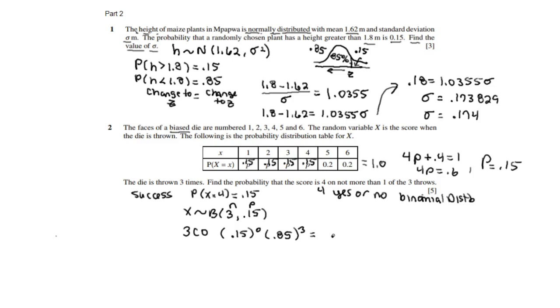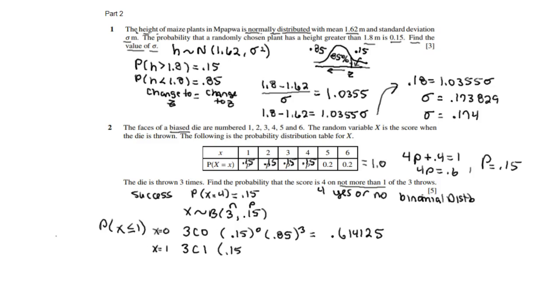We multiply those together, and we get a nice little decimal. Then we have to do it again for 1, because we're talking about not more than 1 out of 3 trials. That means it could be a 0, and it also could be a 1.